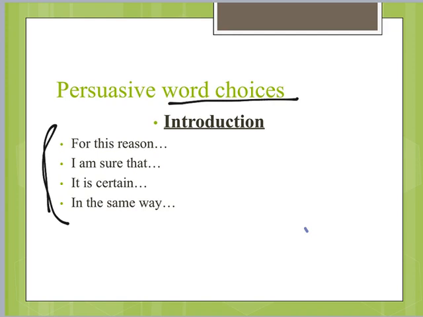I am sure that they are a great addition to the world, the animals, I mean. They are a great addition to the world and nature. And so on. Try to use them in your introduction. They make good sense. Alright.